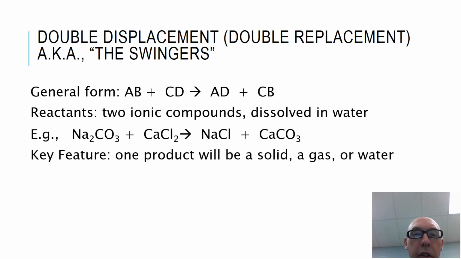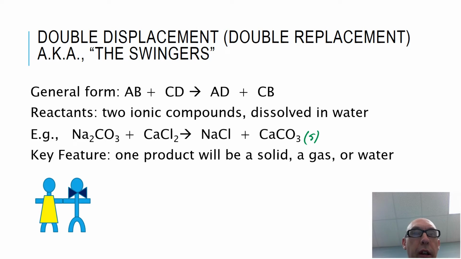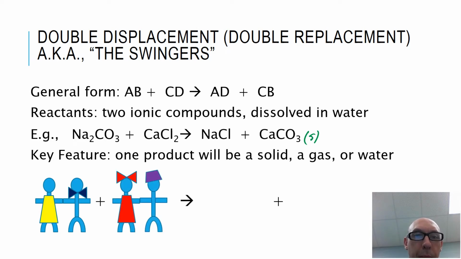One key feature of this is when they react, you're going to get either a solid, a gas, or water. And in this case, what we had was the calcium carbonate happened to make a solid, and the sodium chloride was aqueous. So here's that lovely couple from synthesis again with a lady in a red dress and a guy in a purple hat.